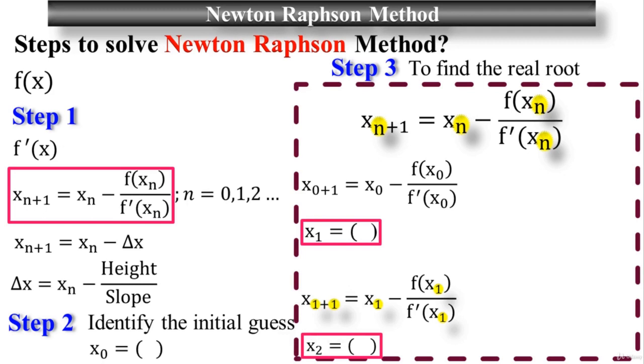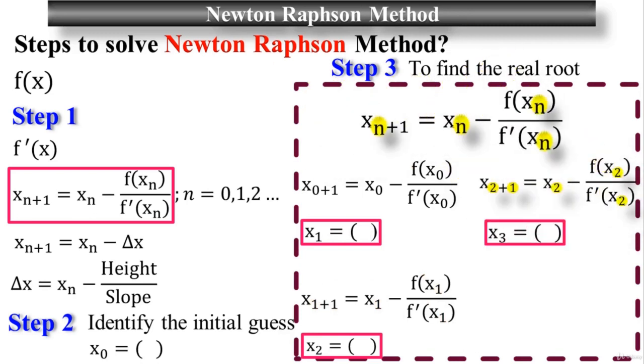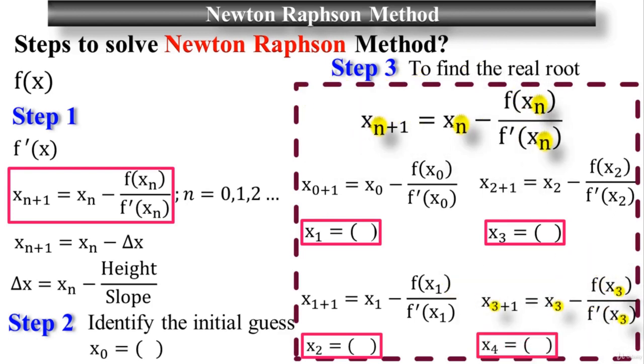Repeat the process again and substitute the value of x sub 2 in the formula to get x sub 3. X sub 3 is the approximate value of the third iteration process. Repeat the process again and substitute the value of x sub 3 to get x sub 4. X sub 4 is the approximate value of the fourth iteration process.